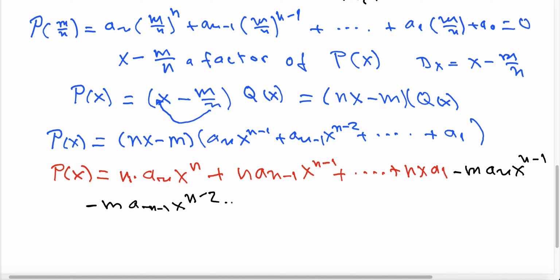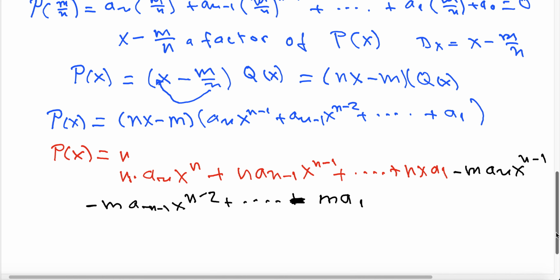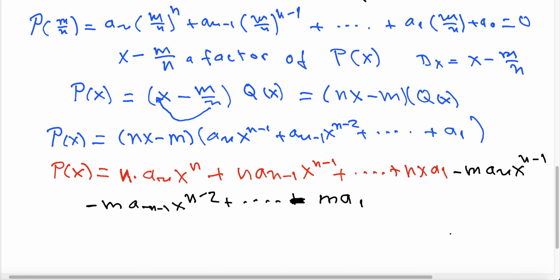And then plus dot dot dot plus the last constant, in fact minus m times a_1. And now we are looking at what we have. As we see here, n times a_n, we already see that n is a factor of the leading coefficient.